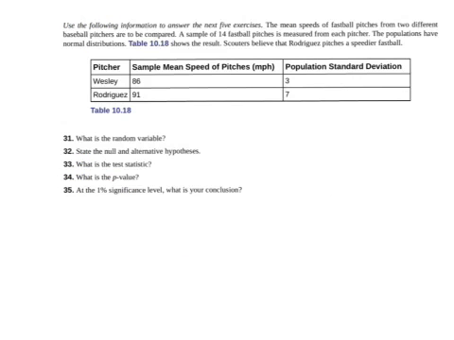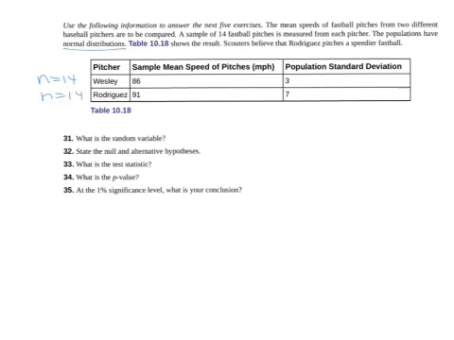So here I have an example. The mean speeds of fastball pitches from 2 different baseball pitchers are to be compared. A sample of 14 baseball pitches is measured from each pitcher. So I know that I have n equals 14 and n equals 14. The populations have normal distributions.